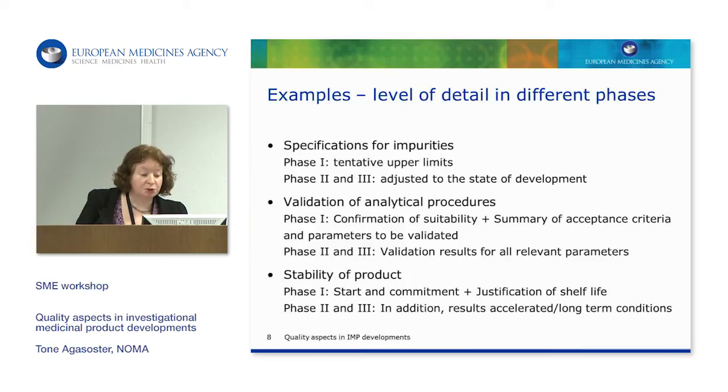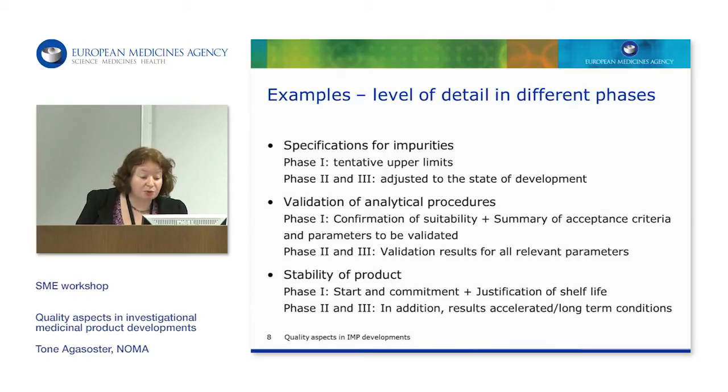But for phase 2 and 3, it's requested to have validation results for all relevant parameters. And I would say that this is relatively similar to what is requested for an MA application, but of course a much less elaborated report. Maybe some kind of summary may be sufficient. But results should be presented for all relevant parameters.